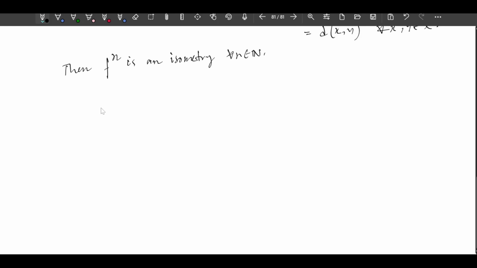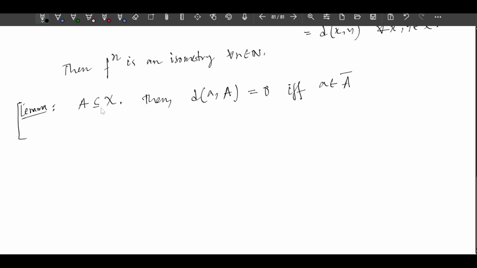Now one small lemma which we need here to prove the theorem: let A be any subset of a metric space X, then distance of a comma capital A equals 0 if and only if a belongs to A closure.